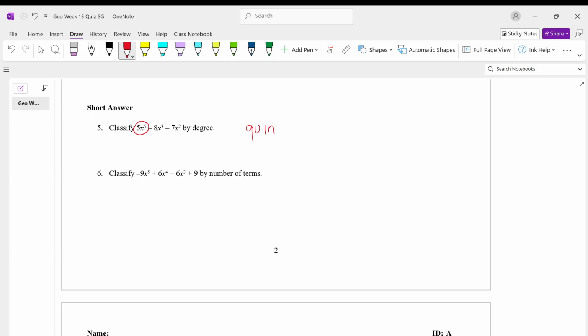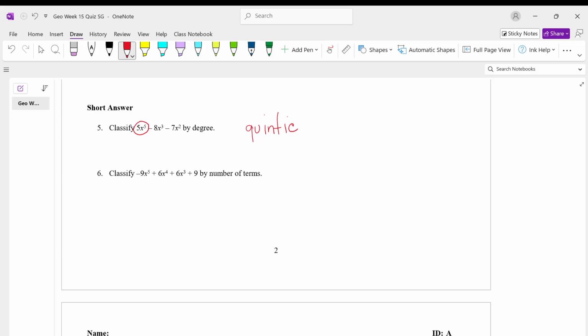Quintic. What was the 4th power called? Quartic. And the 3rd power? Good. And 2nd power? Quadratic. Good. And the 1st power? Linear. Excellent. Very good.